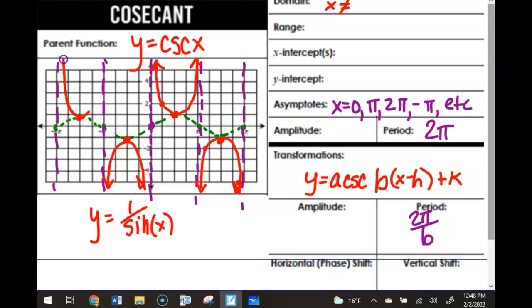So what you do, you graph the sine, you find all the places that that graph crossed the midline, and you put in an asymptote. And then you take all those little hills and valleys that you drew, and you flip them up or down. That's it.